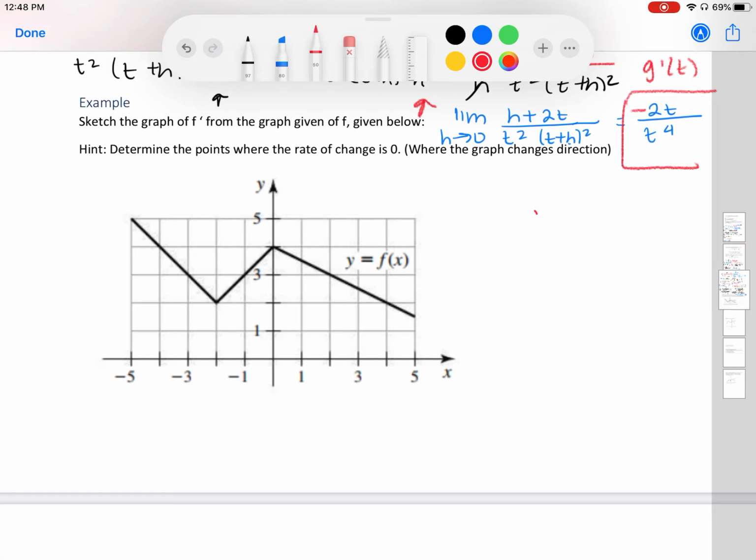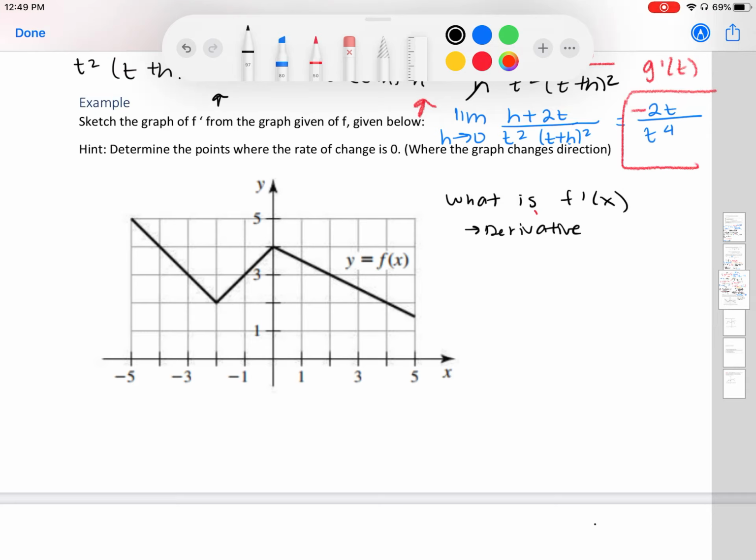Okay, so to begin, what is f prime? It's a derivative, right? And what is the definition of a derivative?